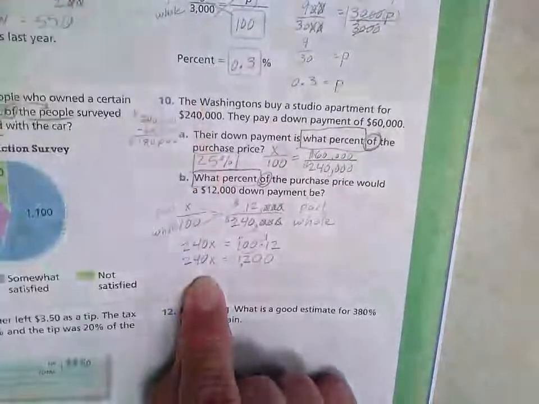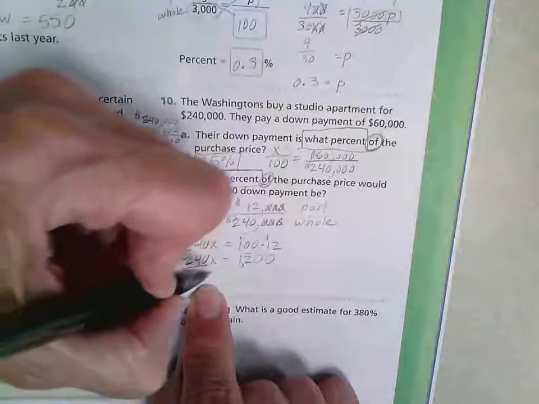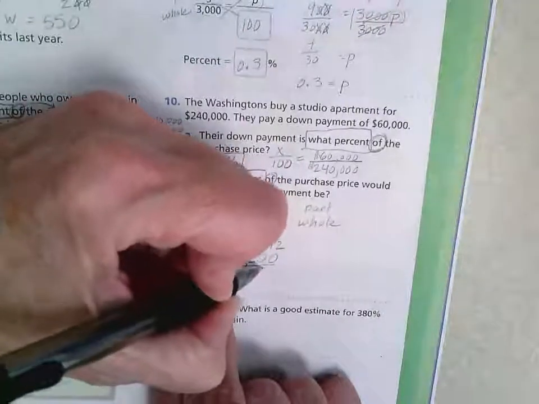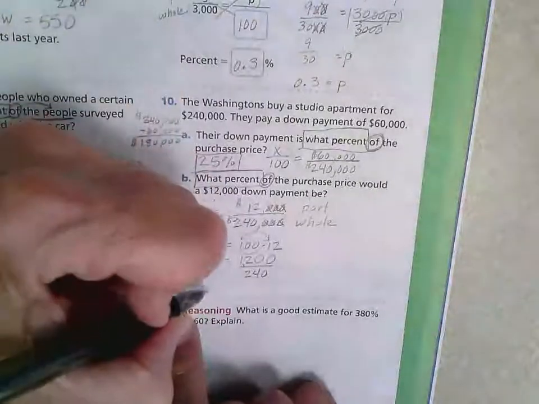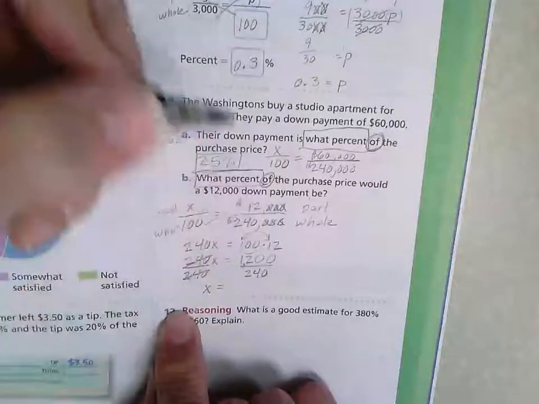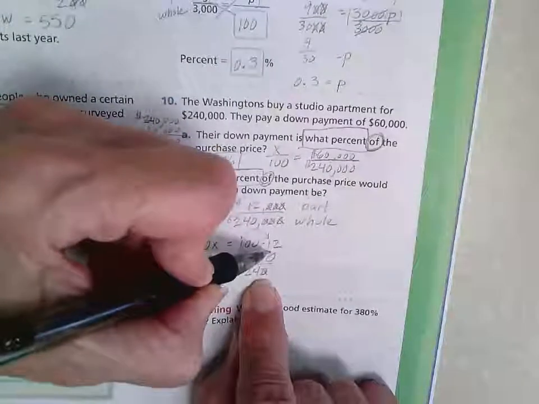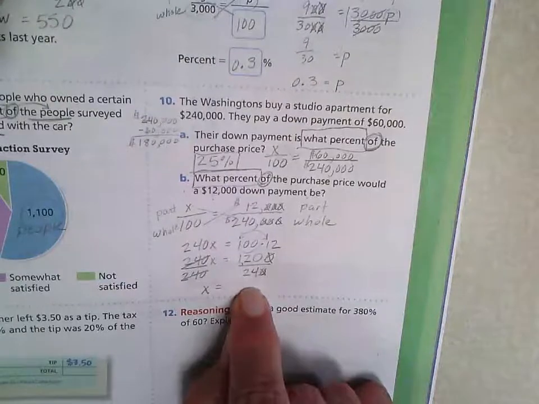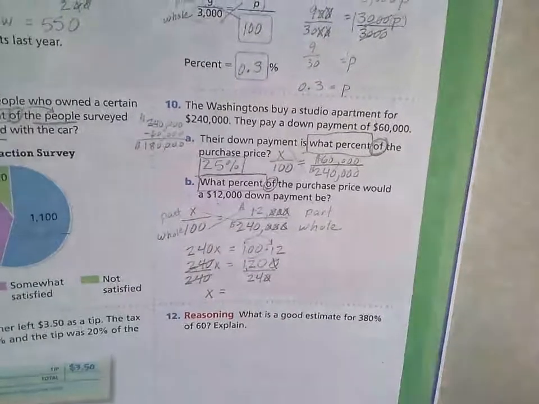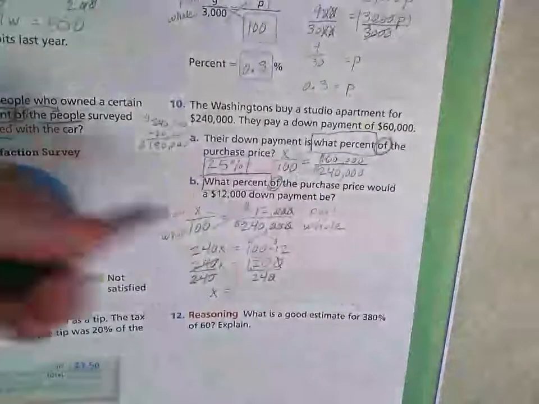To get my x all by itself, I'm going to divide both sides by 240. I can take a 0 off here and a 0 off here, and I'm going to divide 120 by 24. And I get 5.